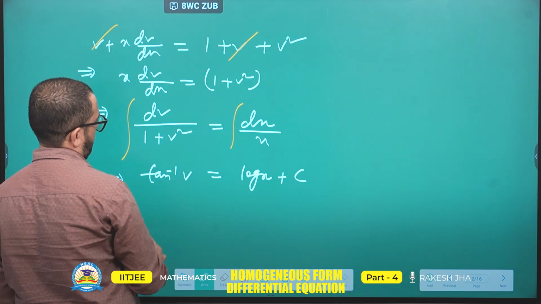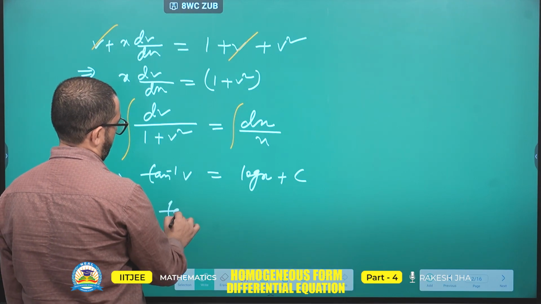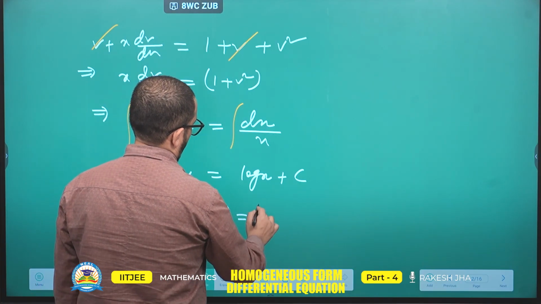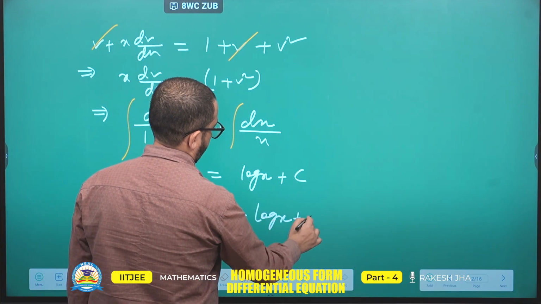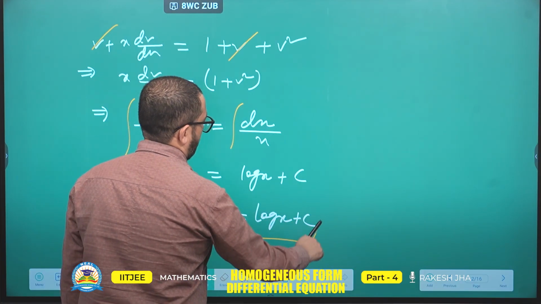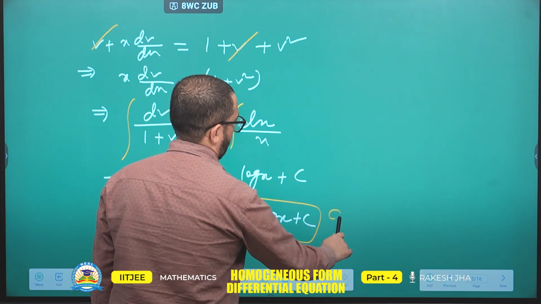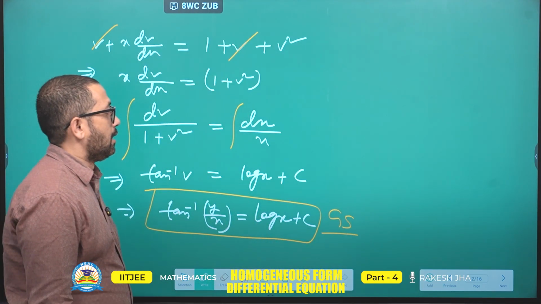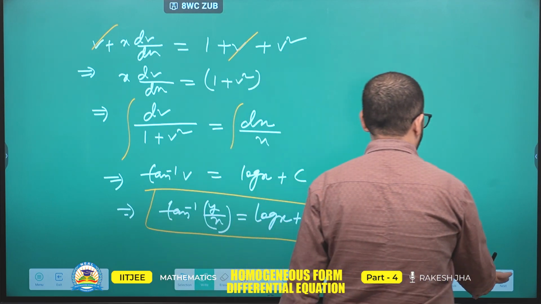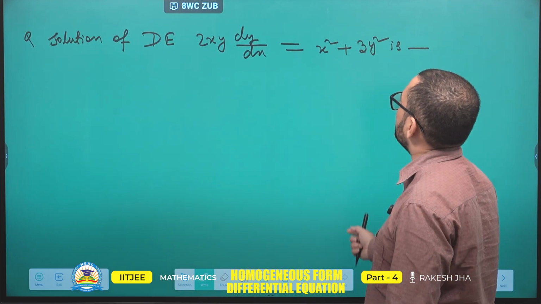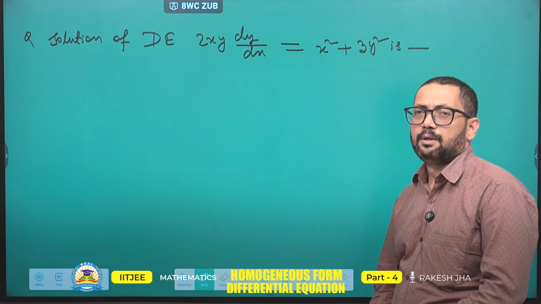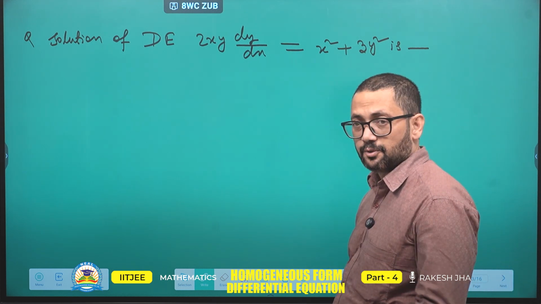The value of v is nothing but y by x. So it will be tan inverse y upon x is equal to log x plus c. This is the general solution of the given differential equation. Now moving to the next question, we will see how this is also based on the homogeneous form.